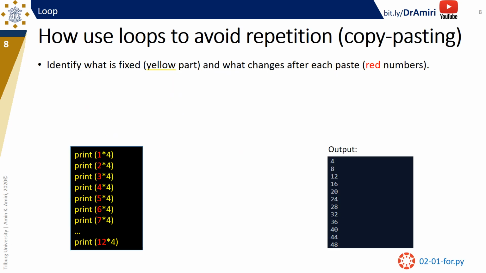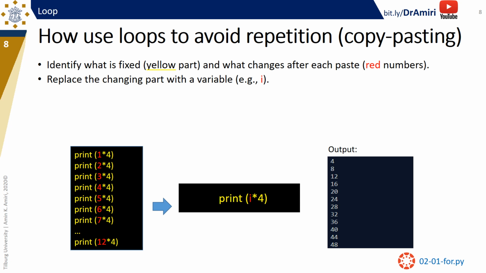But how do we use loops to avoid repetition or the boring task of copy pasting? First, you need to identify what is fixed in a code and what changes after each paste. Then you replace the changing part with a variable, for example, i.